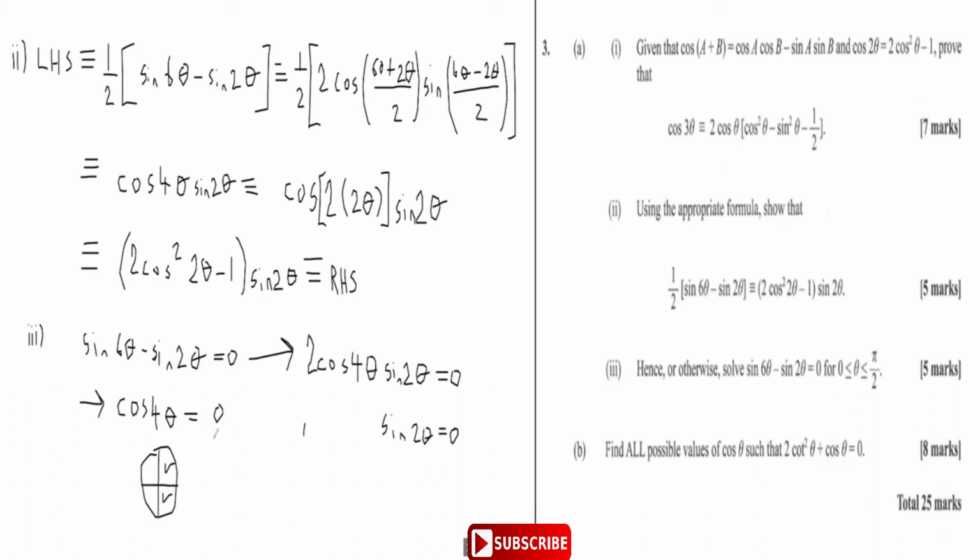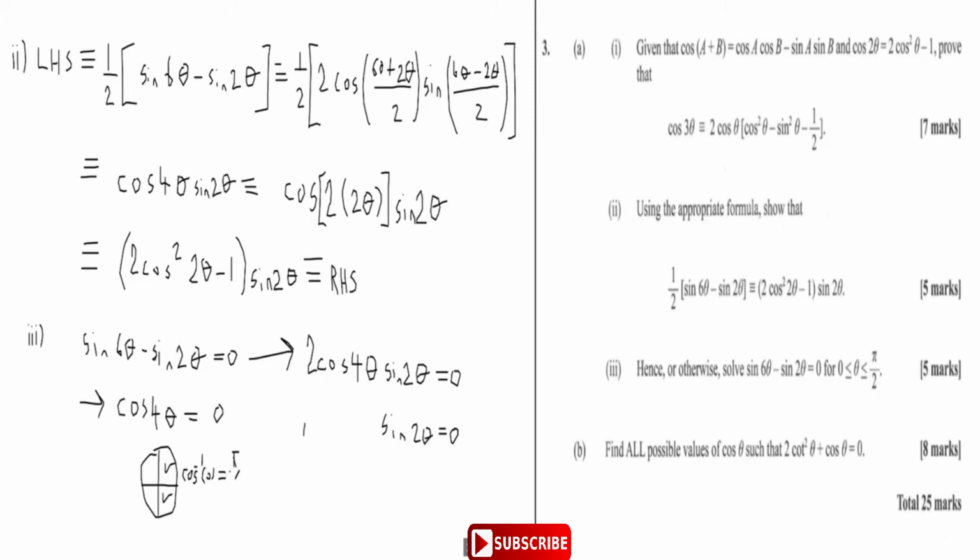And so we need to find our principal acute angle or the argument in the first quadrant, which is cos inverse of 0. Cos inverse of 0, that's pi by 2. That's 90 degrees or pi by 2. All right, pi by 2.